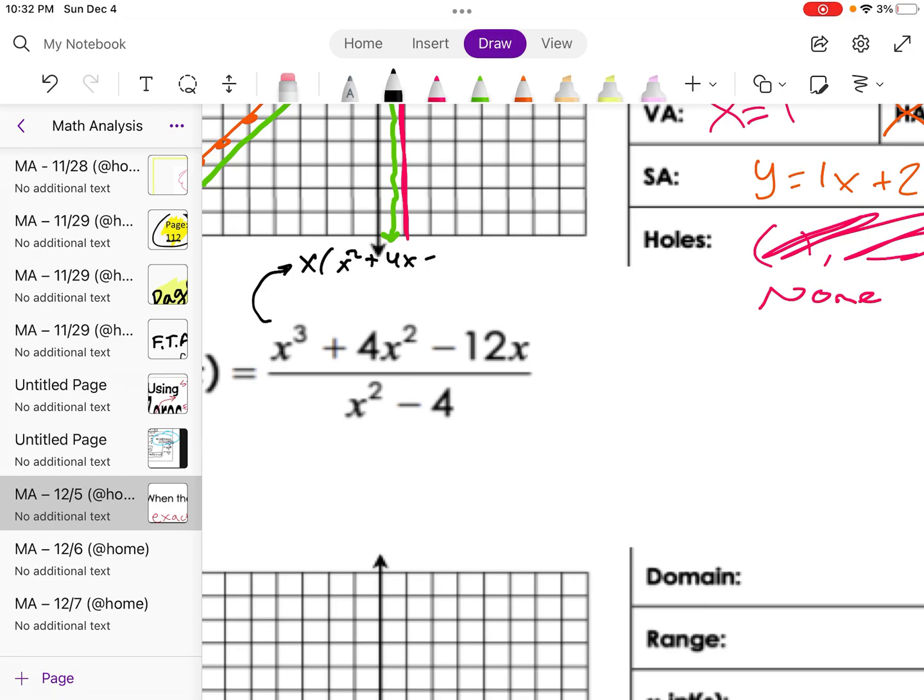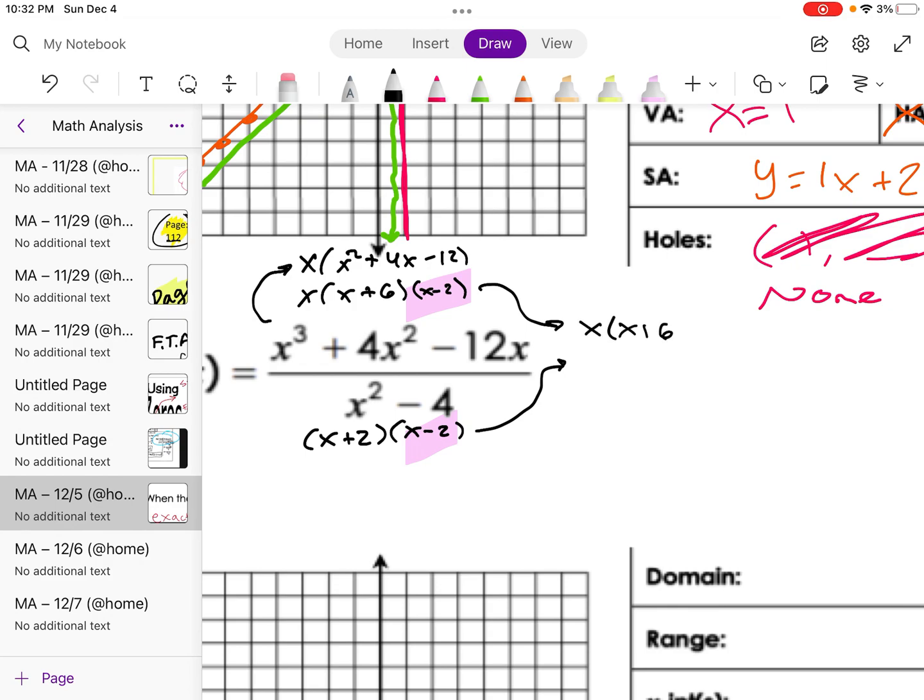Start by simplifying as far as possible. So this one can be written as x plus 6, x minus 2, and this one will be an x plus 2, x minus 2. Right off the bat, I can see that these are going to cancel each other out.